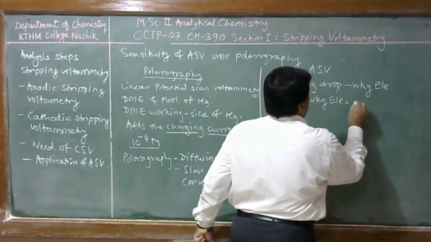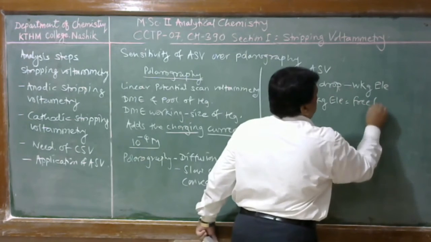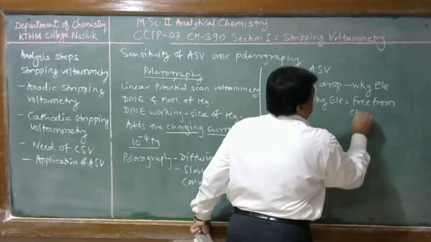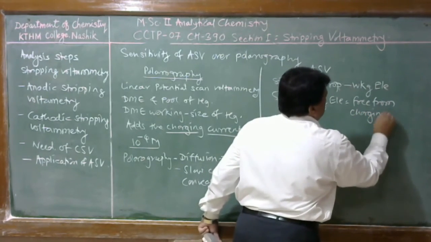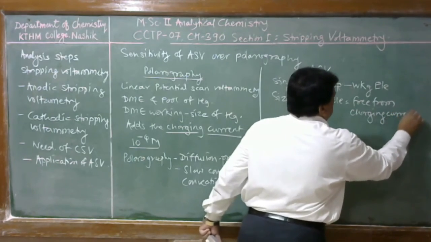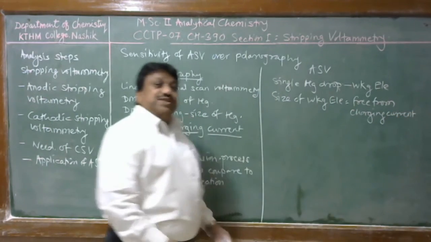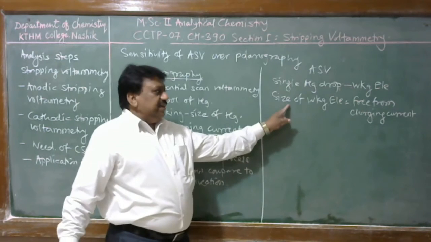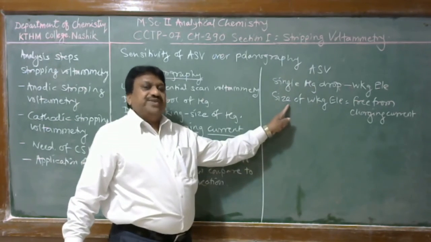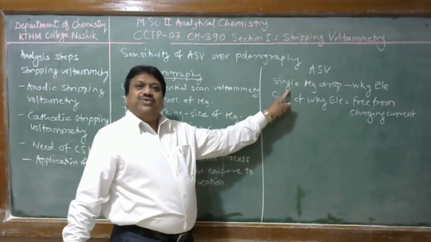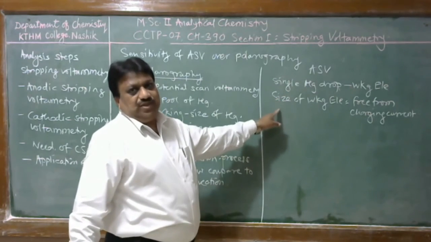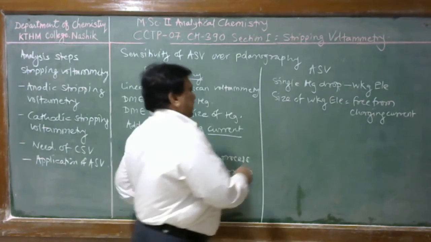Therefore, it is free from charging current or non-Faradaic current. Charging current is not associated because the size of the mercury drop is fixed. A single mercury drop is sufficient to carry out the total analysis.